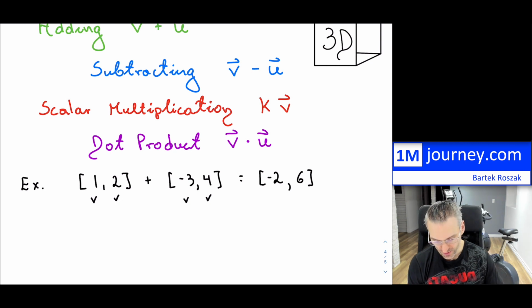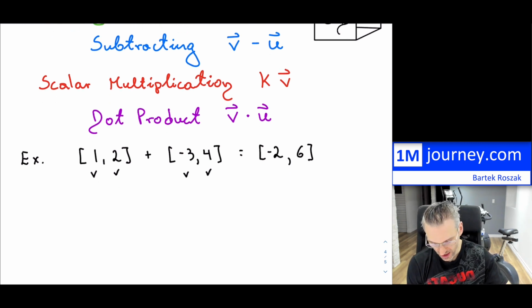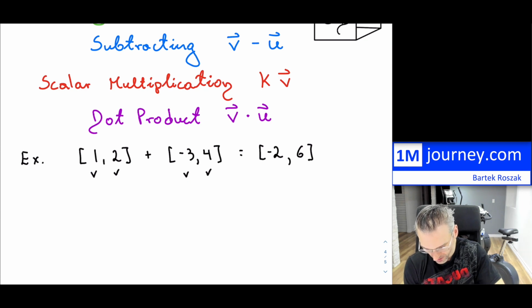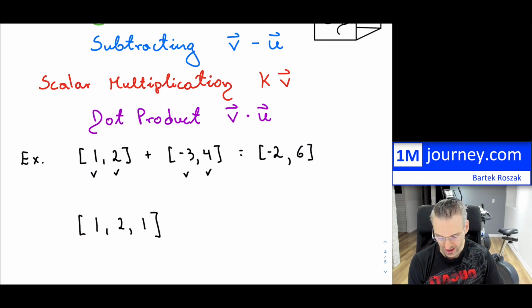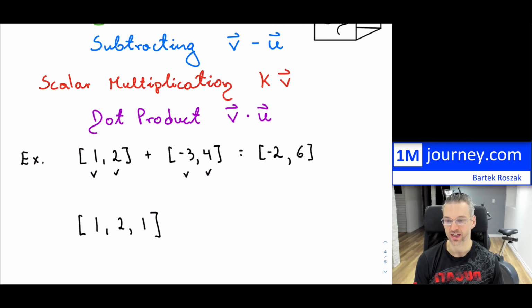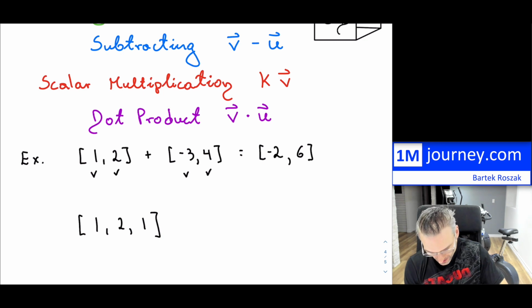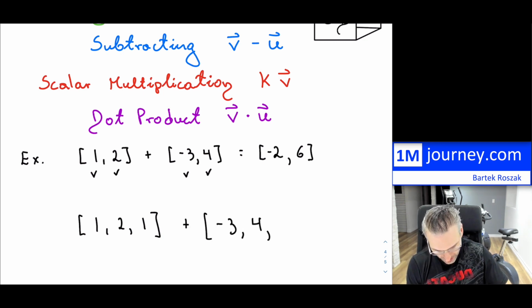Now, if you are going to extend this to 3 dimensions, it turns out that there is really no difference. So if I would give you 2 vectors, let's put 1, 2, but now I'm going to add a component which is going to have the 3rd dimension, so let's say 1. So this is a vector in 3 dimensions now, and you're going to be adding it to another vector. So let's say 3, 4, and maybe this was -2.